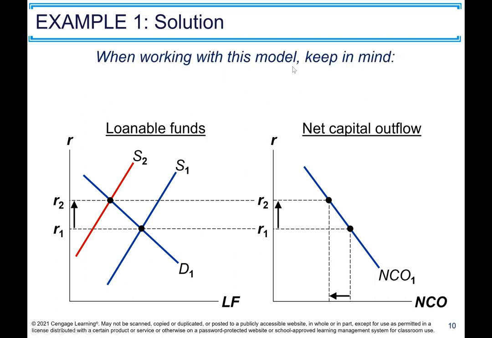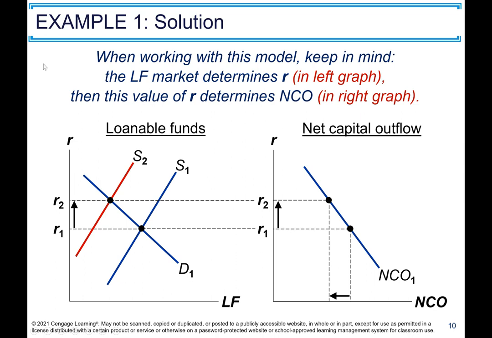When working with this model, keep in mind the loanable funds market determines interest. Interest is determined in this graph. Then this value of R determines NCO in the right graph. So once interest is determined here, it is reflected on the second graph.